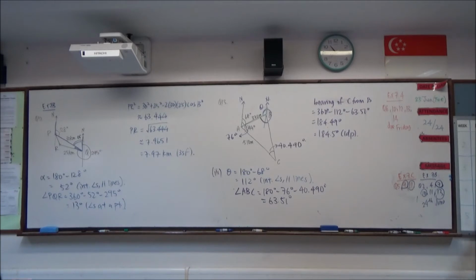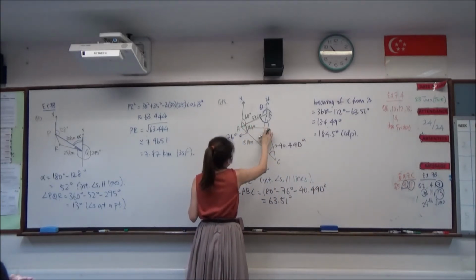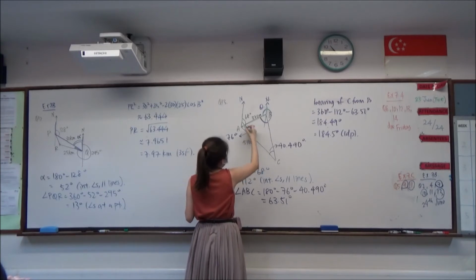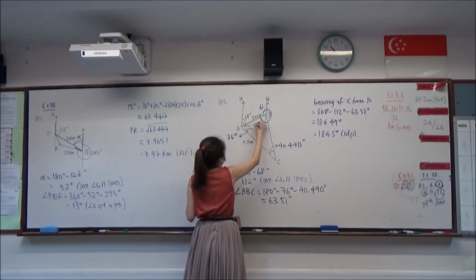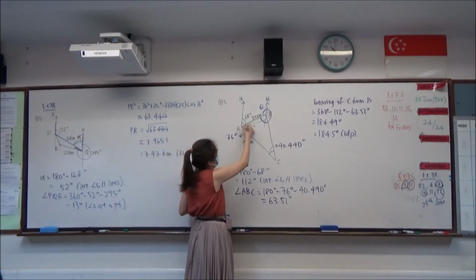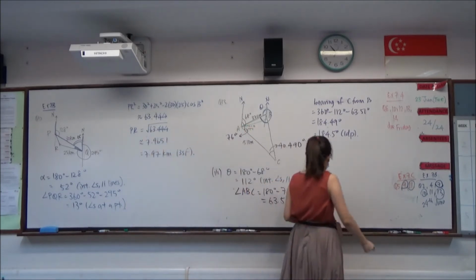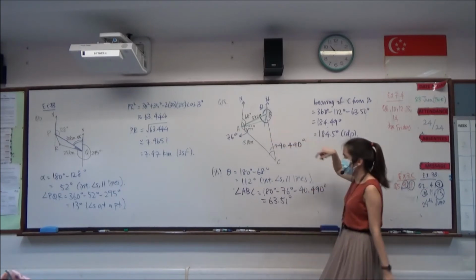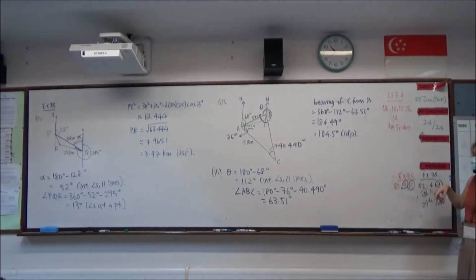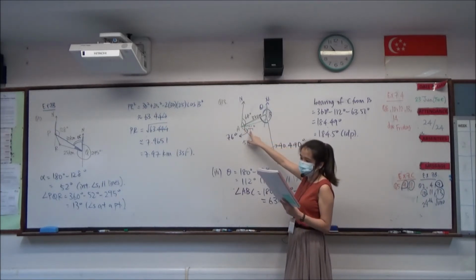Then to find part 4, the shortest distance from A to BC. Okay, Joseph, what method can I use to find the shortest distance from A to BC? What concept will I need to use? Area, okay. Because the shortest distance is always the perpendicular distance, right? So if I want to make use of area, I will need to do half AB sine C, which is possible because I am aware of the length of this and this, and I have the angle over here.